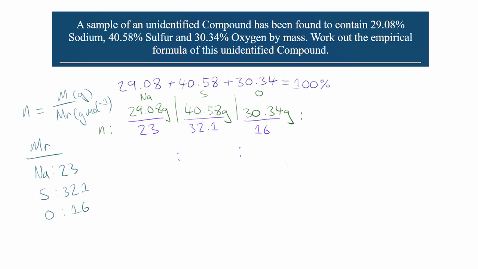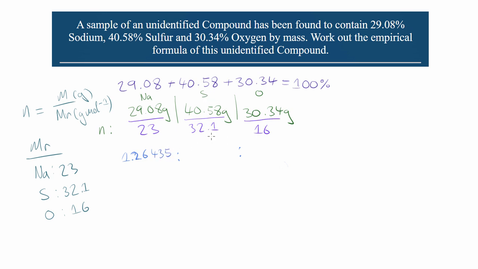And so if you do work these out, and I'm going to write these to 5 decimal places, what you should get for sodium is 1.26435.